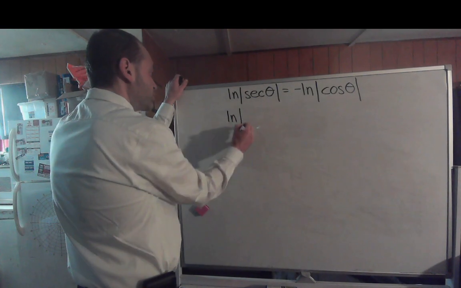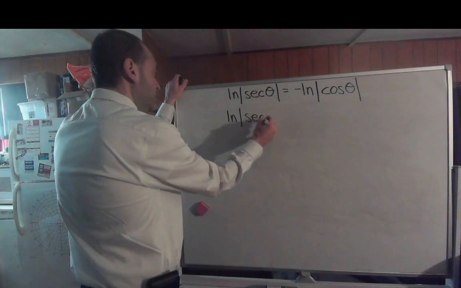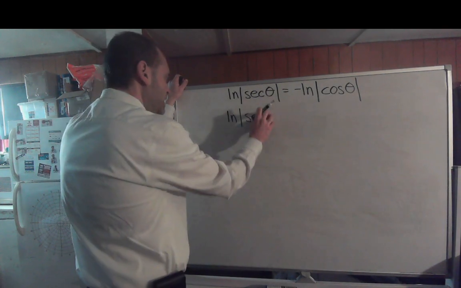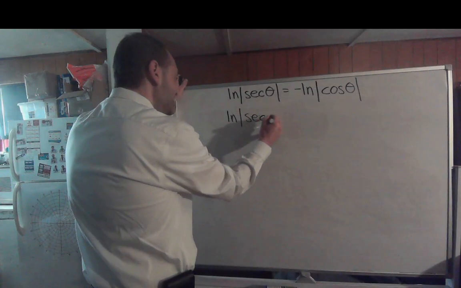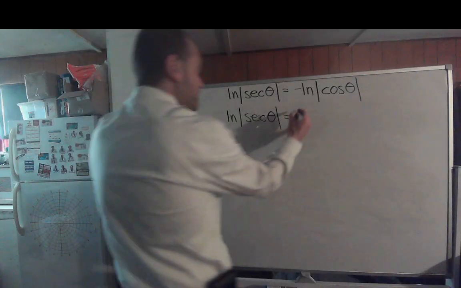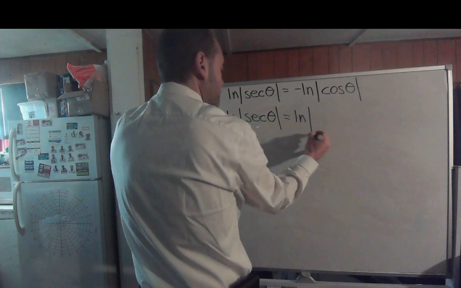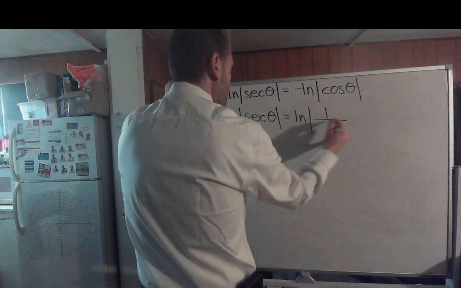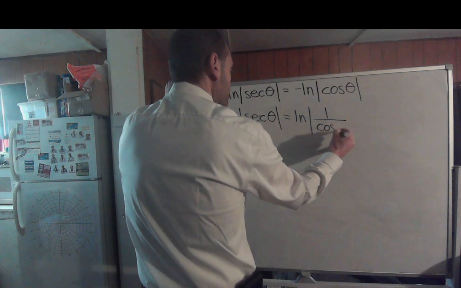You have the natural log of the secant of theta. So what is the secant of theta? That's the natural log of 1 over the cosine of theta.